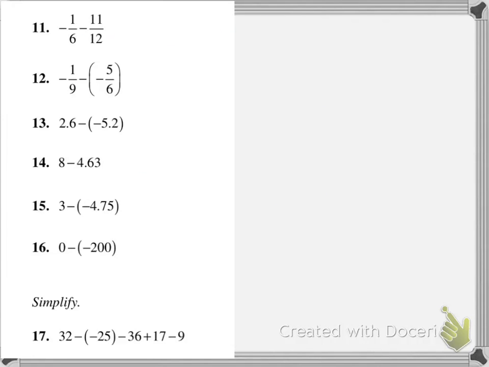So what happens if they're fractions or decimals? Same thing. So let's look at this problem here. Negative 1/9 minus negative, so that'll be plus positive 5/6. So I am actually going to have to subtract, because I do have a negative and a positive, but before I do that, I need a common denominator.